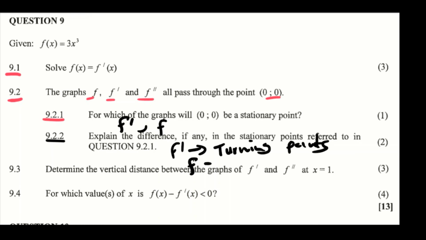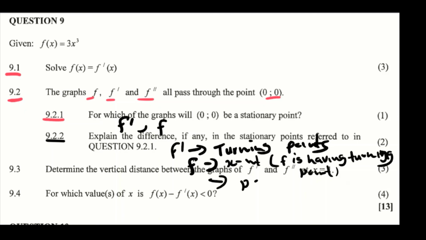And then our graph of f will give you your x-intercepts when the function f is having the turning point at that intercept, right? Or it can give you the point of inflection.